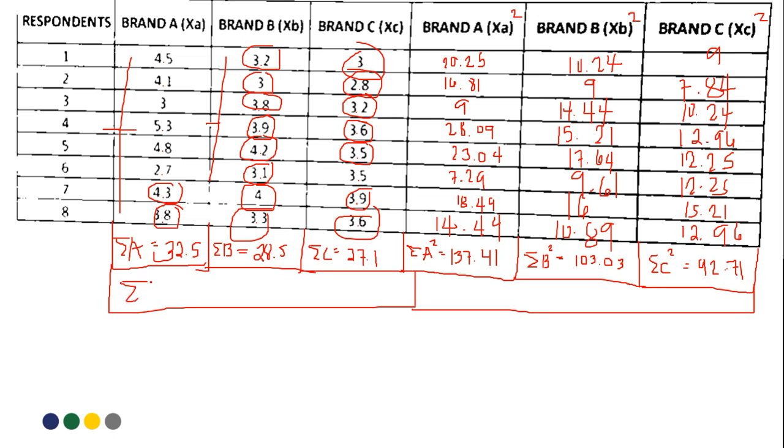So, summation of A, tapos yung B at C, pwede natin siyang tawaging, shortcut natin, summation of X is 88.1. Ngayon, ano yung summation nito? Yung ating grand total ng squared naman, ilan? 333.15. Okay.